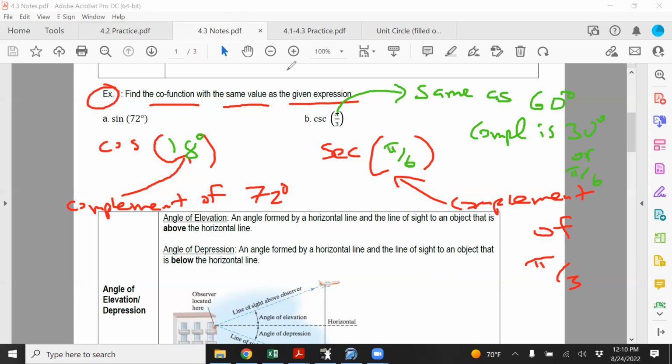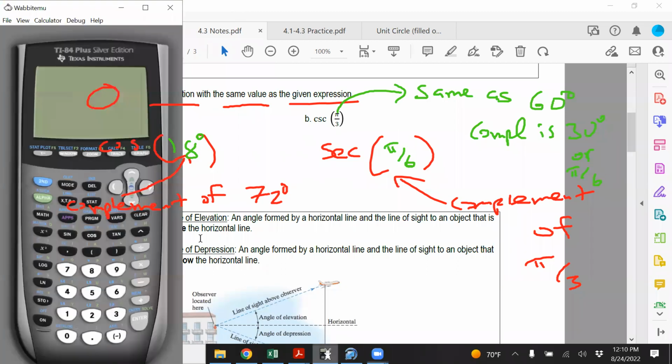If I were to punch in sine 72 in a calculator, actually I'll pull up a calculator right now. If I were to be in degree mode. By the way, make sure you're mindful what mode you're in. So if I did sine of 72 and cosine of 18, not a coincidence, the same thing. Or make sure you switch the mode if you go to radians.